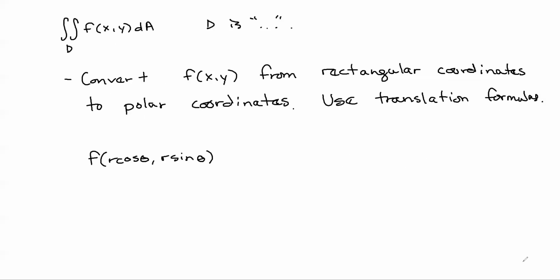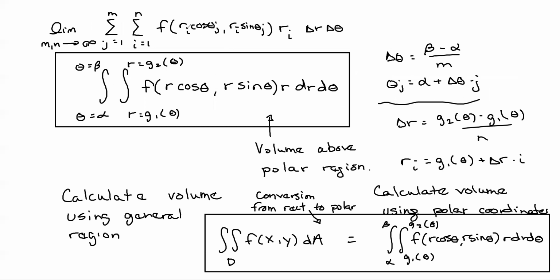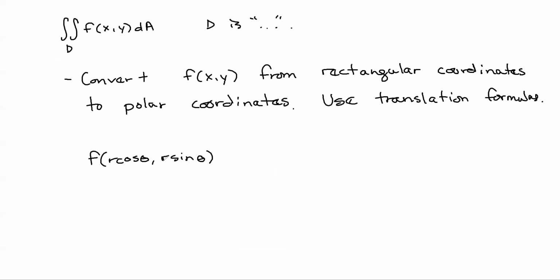That's what the f of r cosine theta, r sine theta represents. It represents the fact that you started with f of xy and you converted it into r's and thetas. All right, so that's step one.